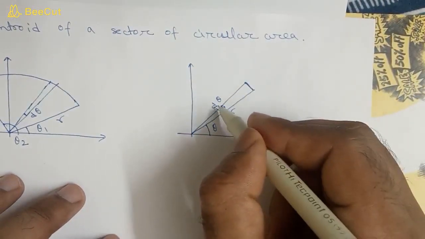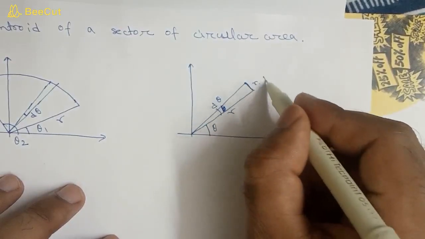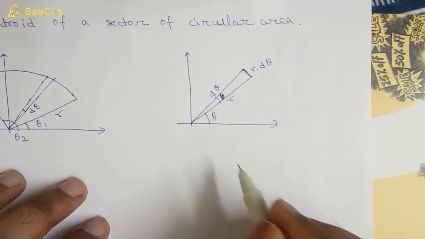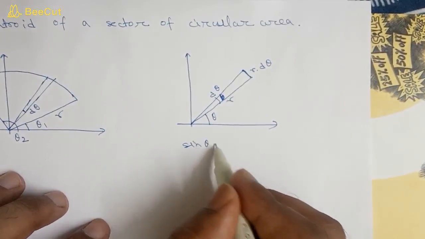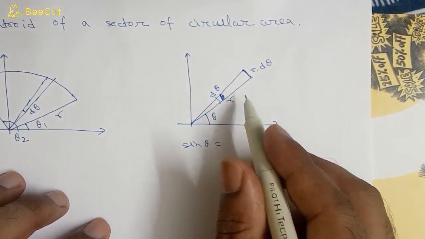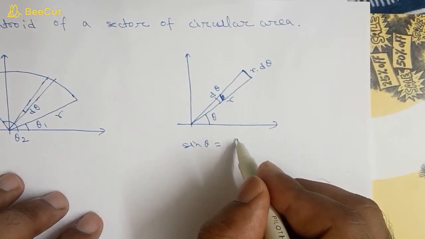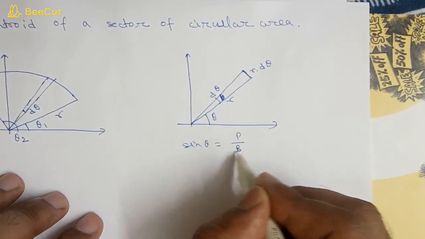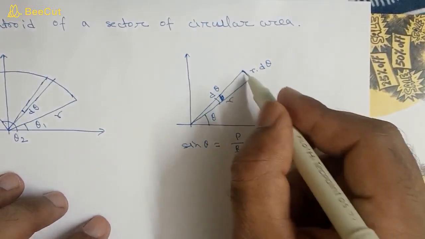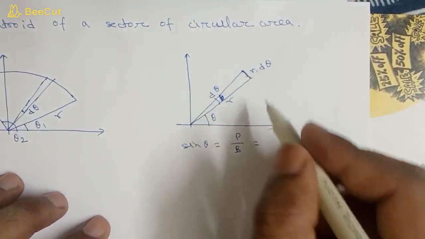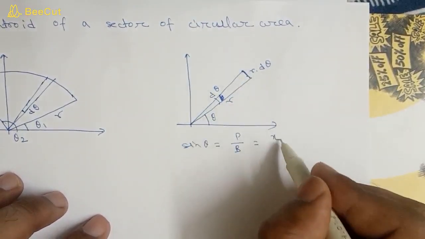What will be this length? Sine theta is equal to perpendicular by base. So we have the perpendicular as this length x. We don't know the value of this.